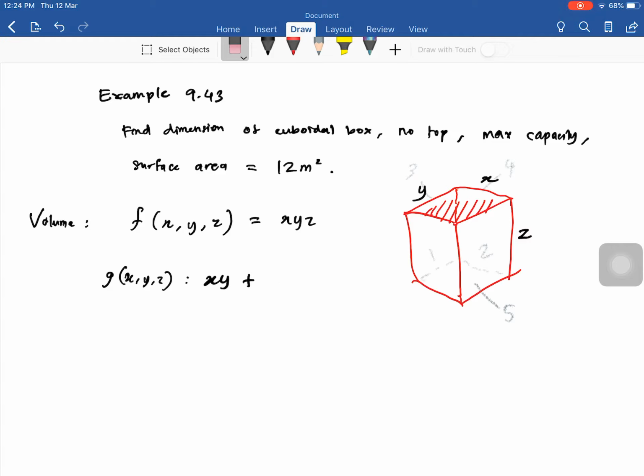Actually we have 2, so we need to write 2xz plus 2zy or yz. Alright, so this is the constraint, not finished yet, so we need to make it equal to 12.